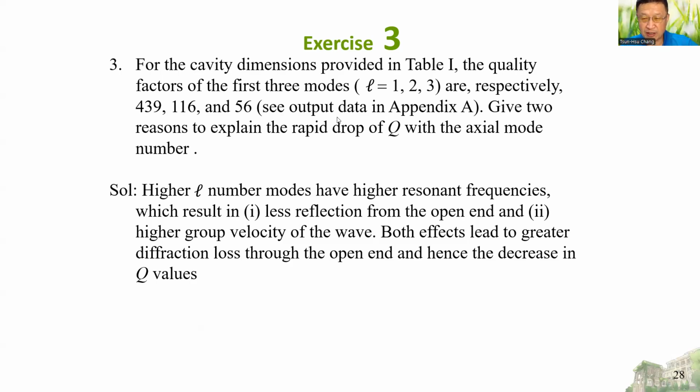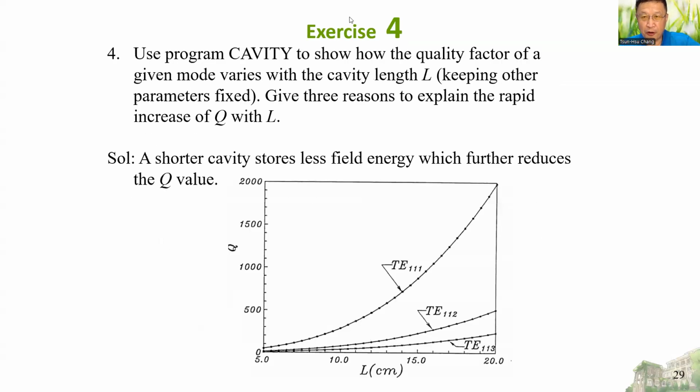Try to answer. Exercise 4. Using the program cavity, show how the quality factor of a given mode varies with the cavity length. When the cavity is long enough, it has the ability to store more energy, and its behavior looks like here. Prove and explain. Okay, that's exercise number 4.